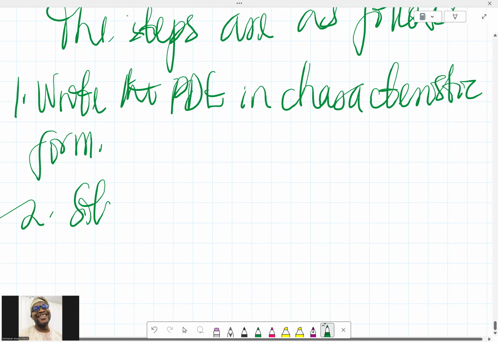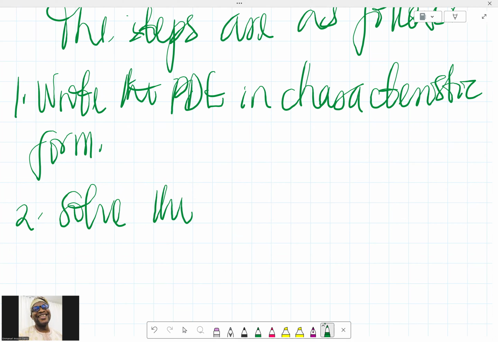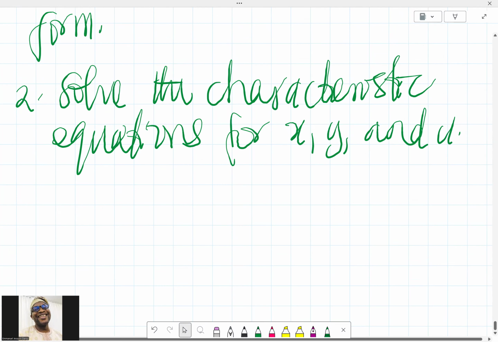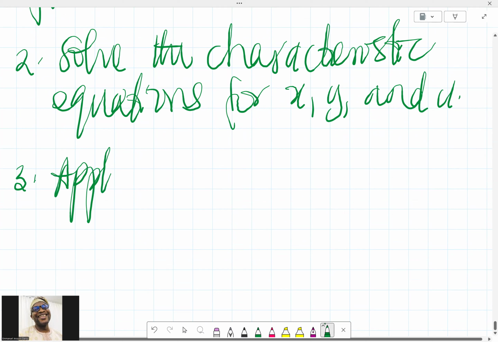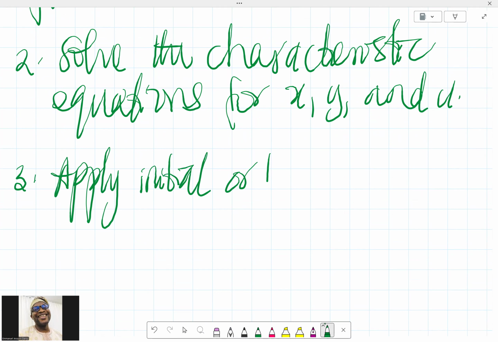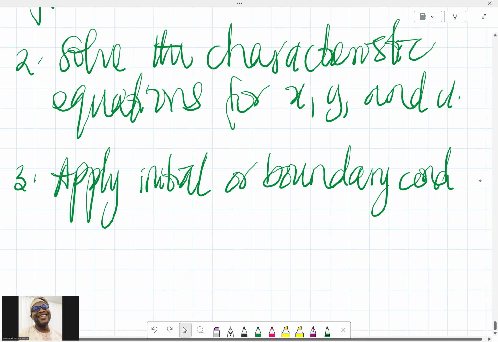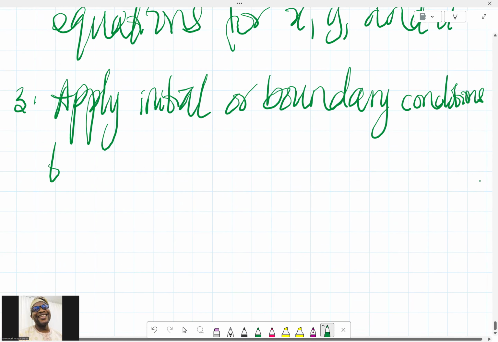What do you do next? 2, solve the characteristic equations for x, y, and u. 3, apply initial or boundary conditions to determine the solution.